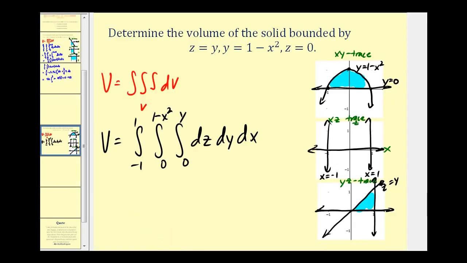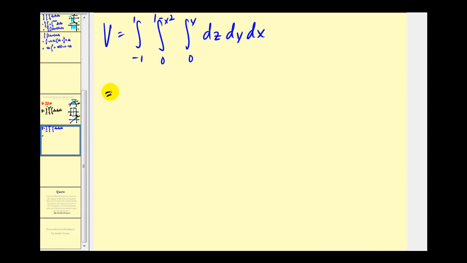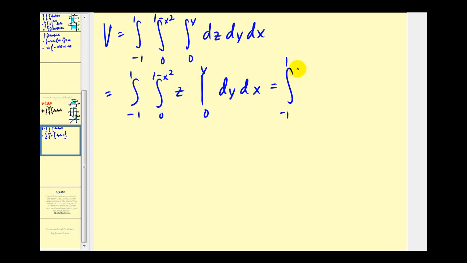Let's go ahead and find that volume. Let's go ahead and start this on the next slide. So we're going to go with respect to z first. So we'll replace z with y, that'll give us y, and then with 0, so we'll just have y. And now we'll integrate with respect to y.